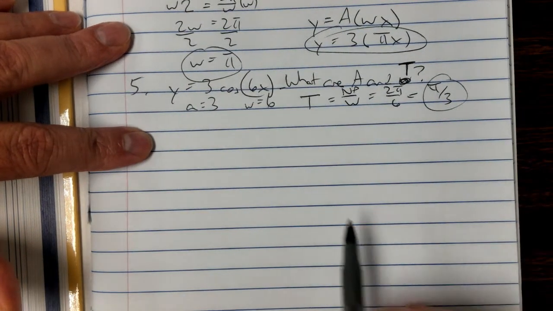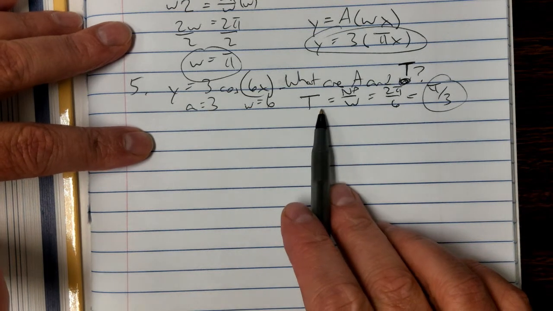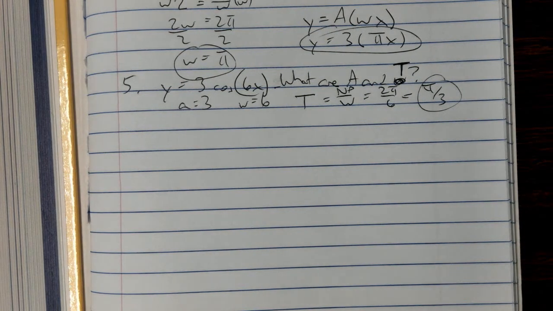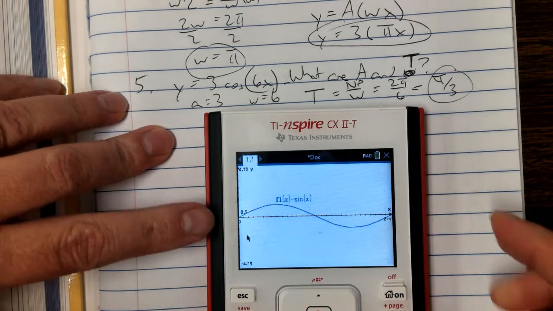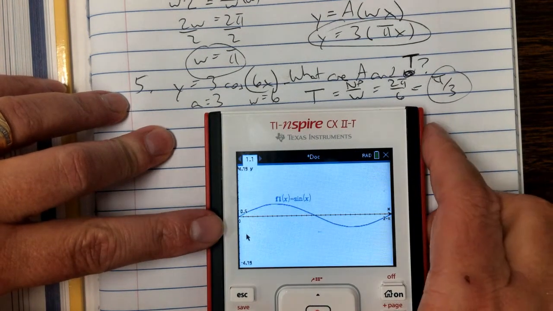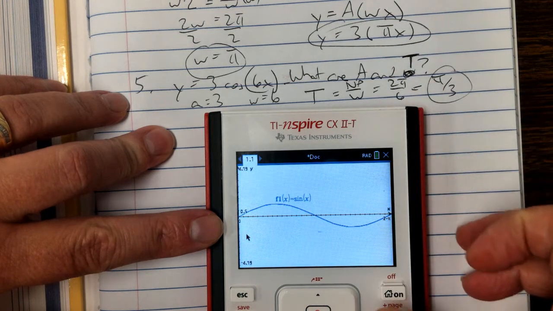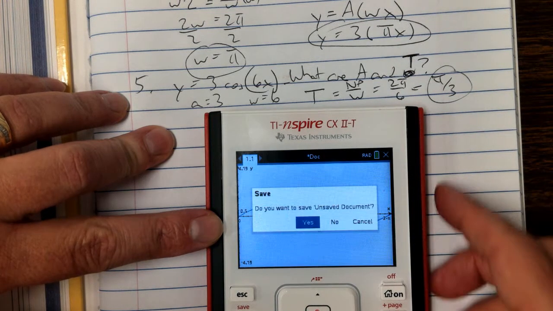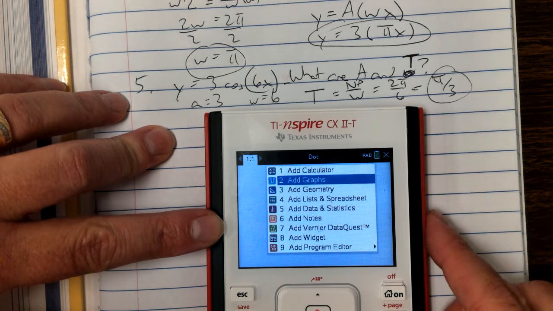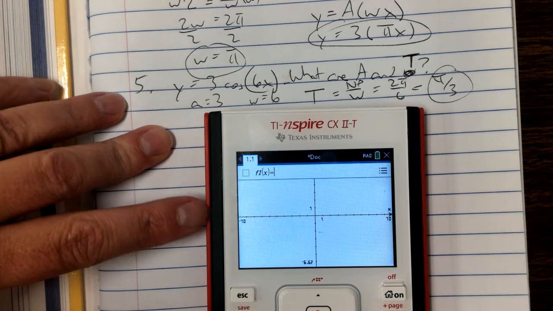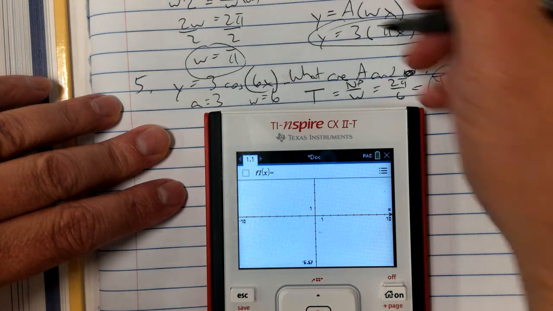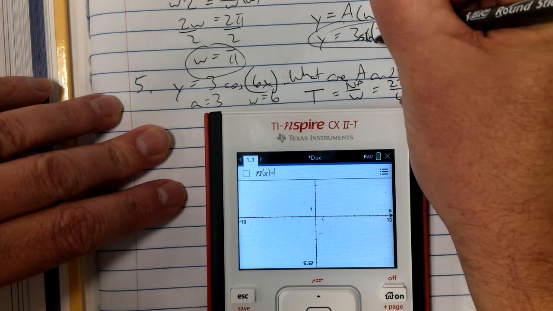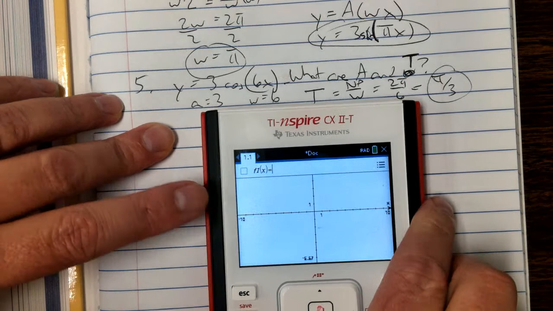So think about when it's pi thirds, your graph is going to repeat more often because it's more frequent. So if we compare those two, the first one should be 3 sine pi x. I left off my sine right there. My bad.